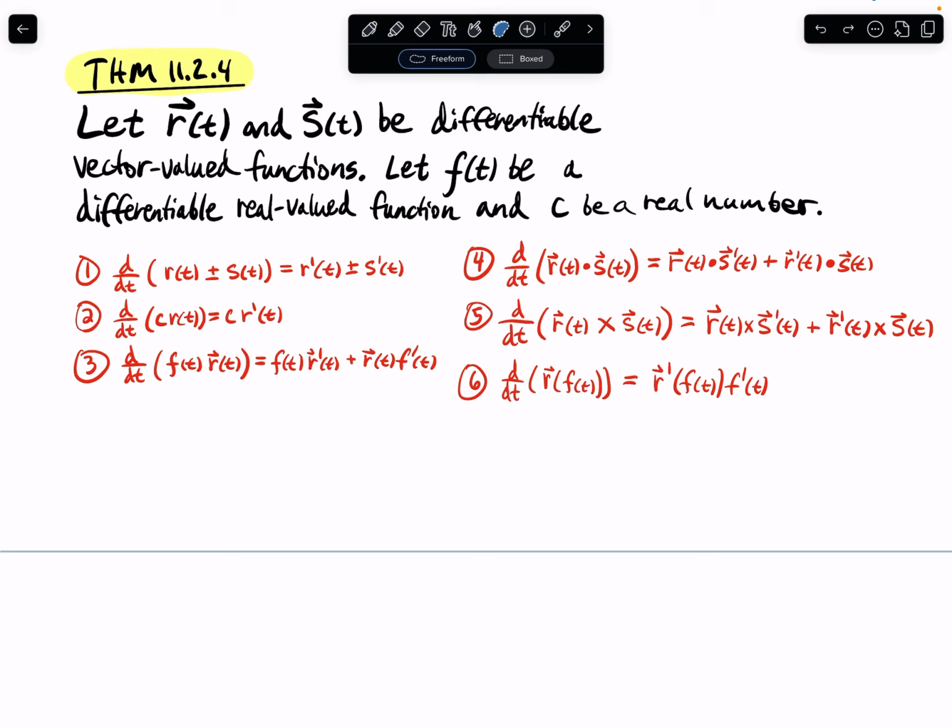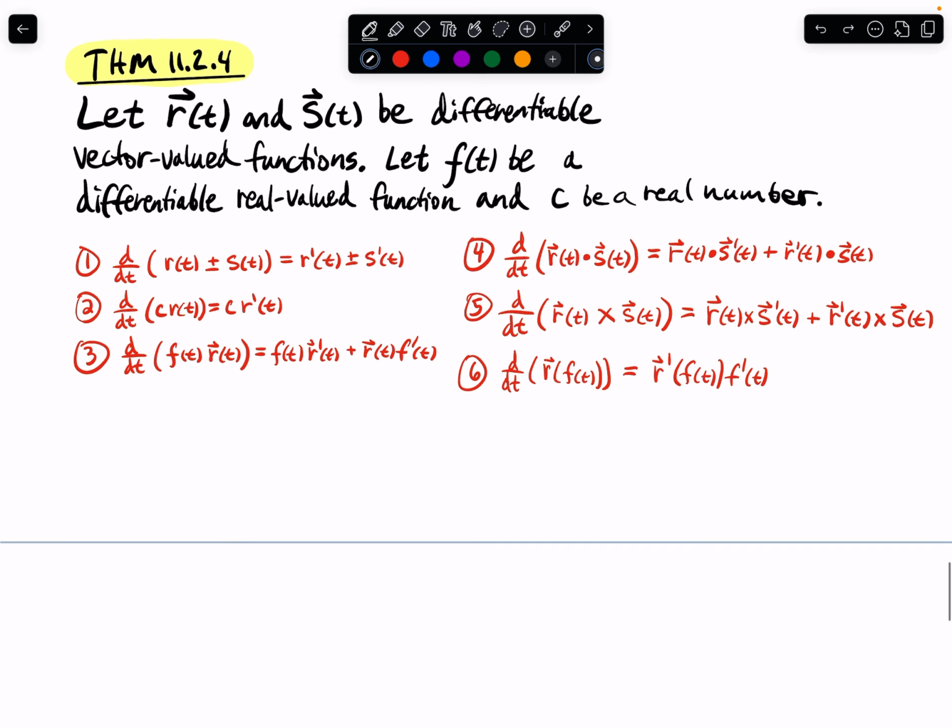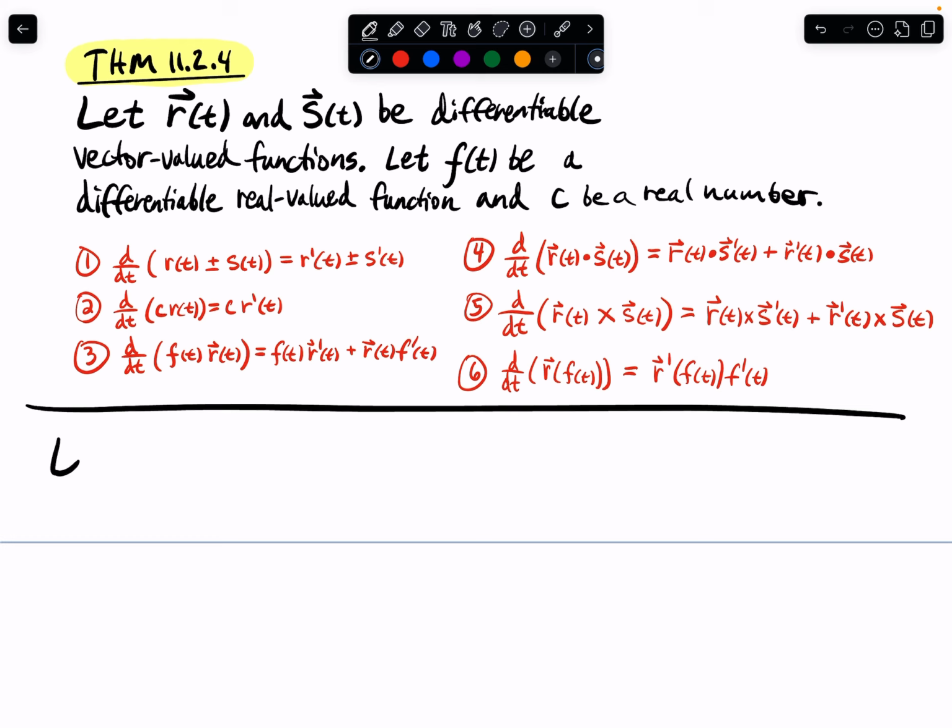And so this is the chain rule. I take the derivative of the outside, evaluated at f of t, and then multiply by f prime of t. All right, so we're going to take that and do some examples here.